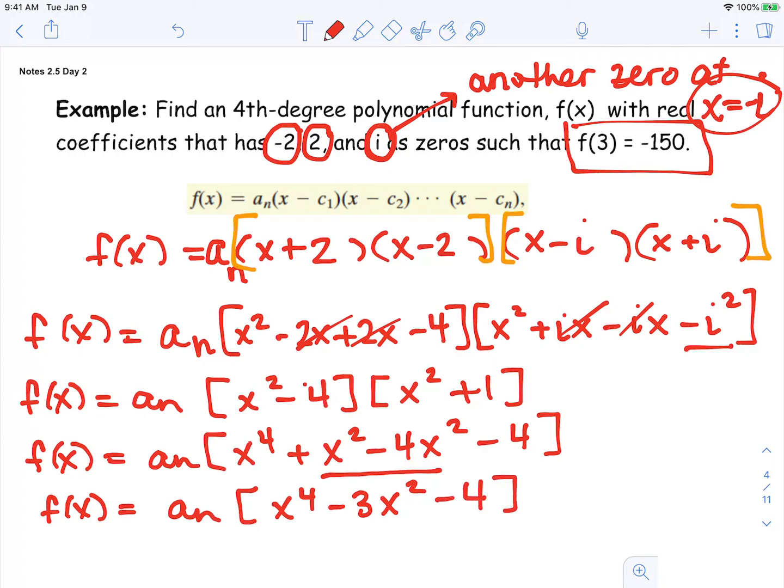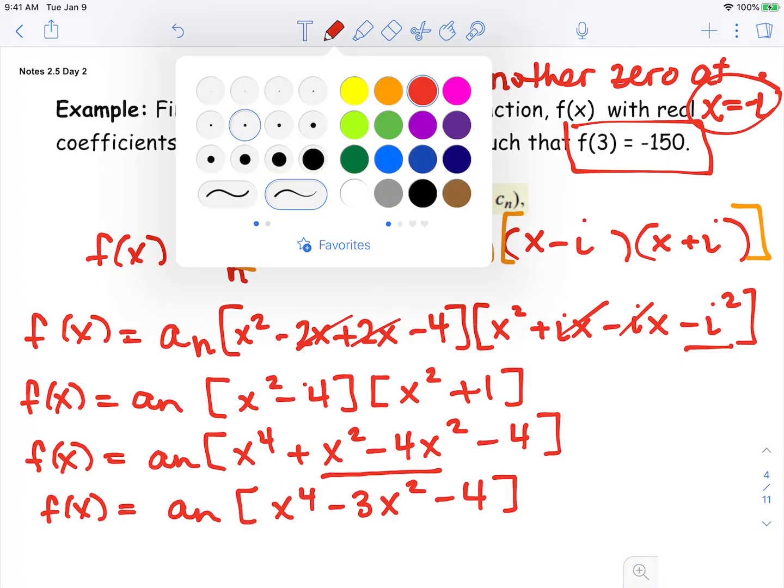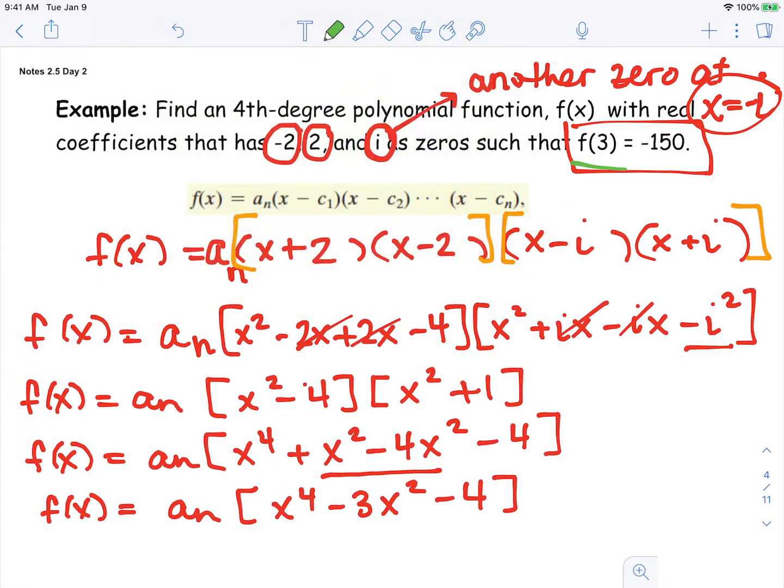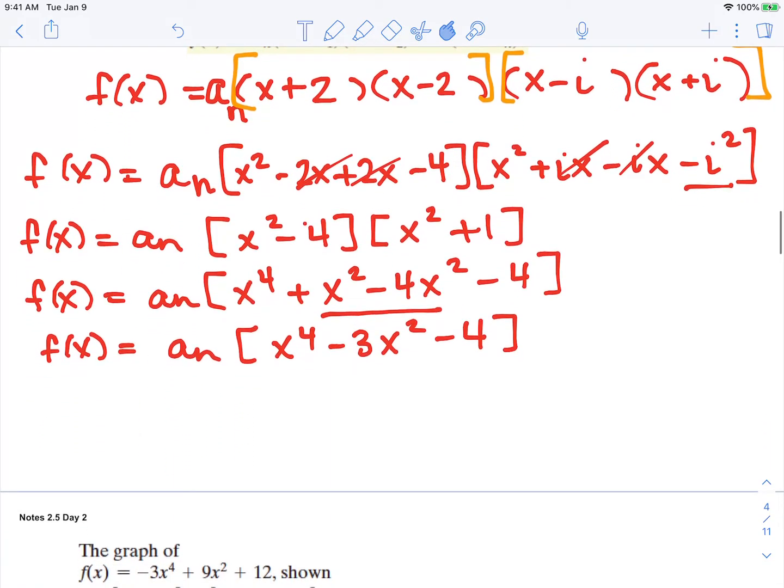All right, so now we have this polynomial in general form, and we need to find that leading coefficient. How we find that leading coefficient is we start to work with that f of 3 equaling negative 150. So f of 3 equals -150.